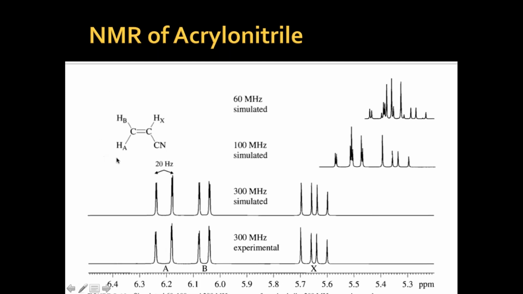HB is in the environment of HA, but HB is closer to HX as compared to HA's distance to HX, isn't it? So HA is in the influence of HB, and HA is in the influence of HX.